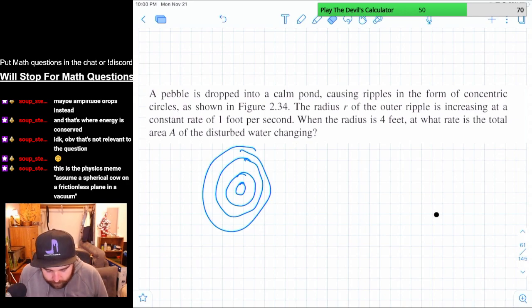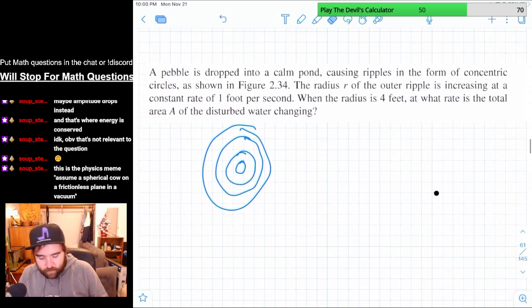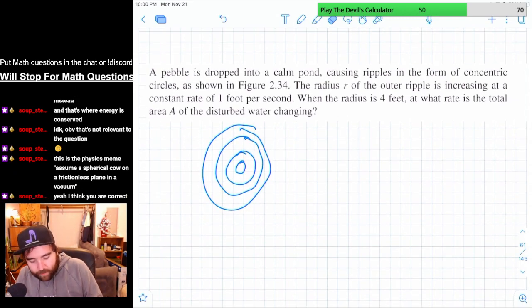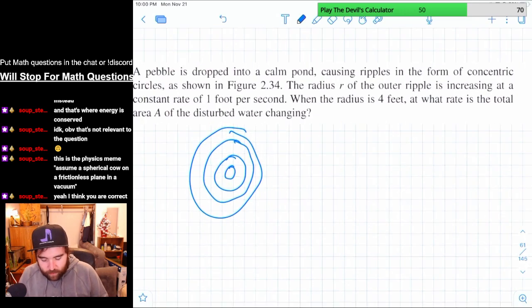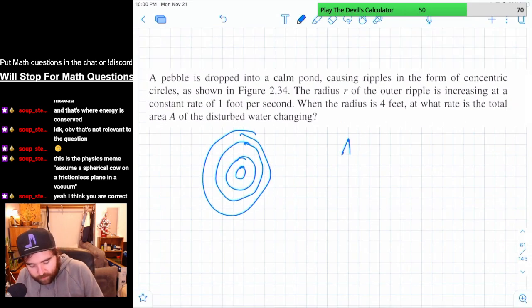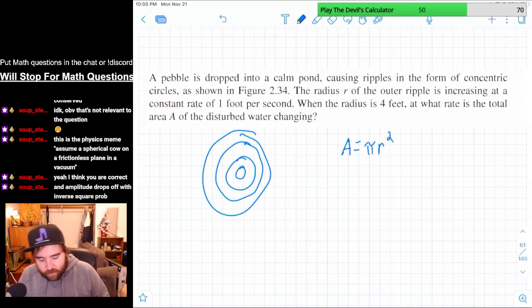So where were we? The radius of the outer ripple is increasing at a rate of 1 foot per second. When the radius is 4, at what rate is the total area of the disturbed water changing? Right. So the ripple is changing at a constant rate, and we're thinking about the area. So I'm going to start with the area equation, A equals pi r squared, and then we got to write down what we know.